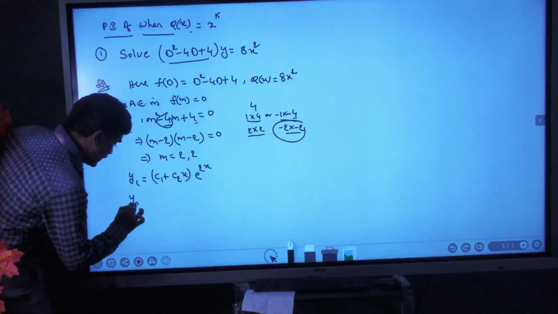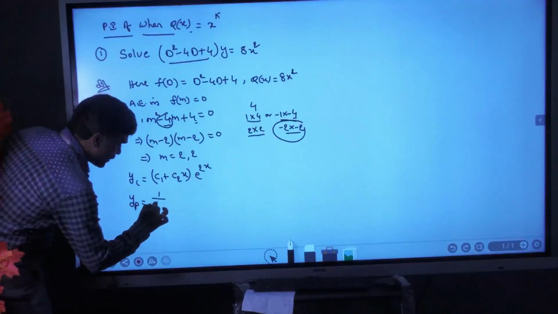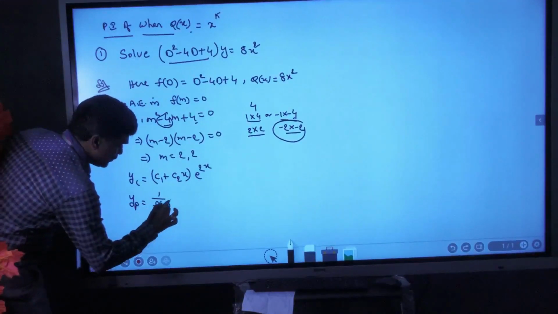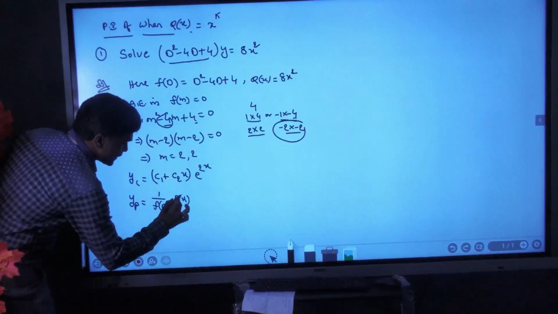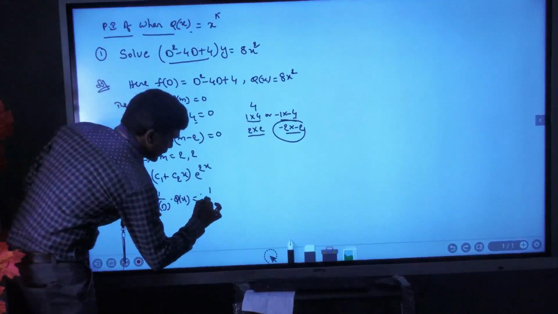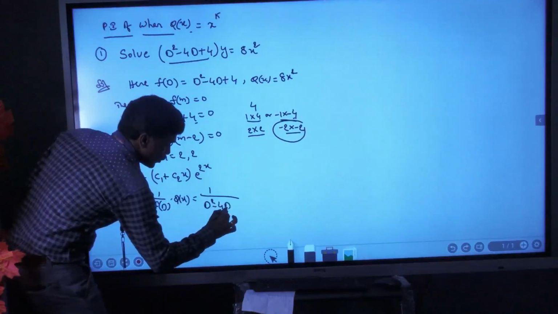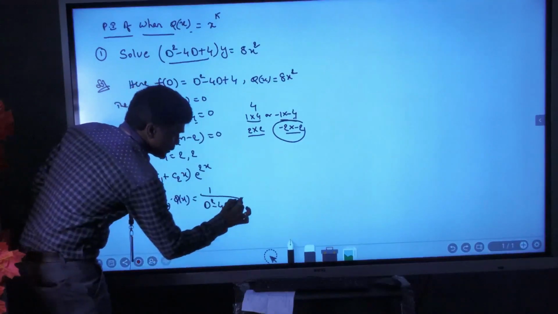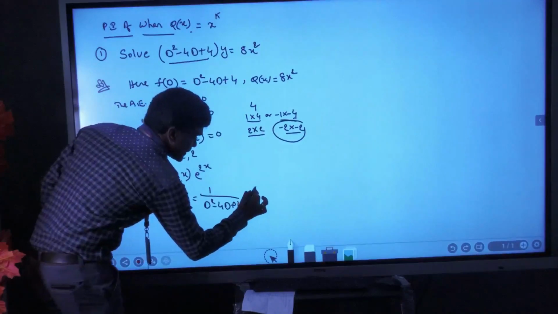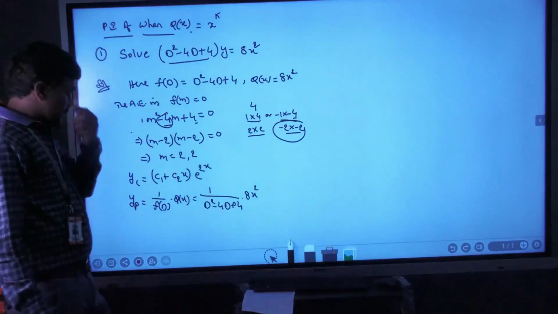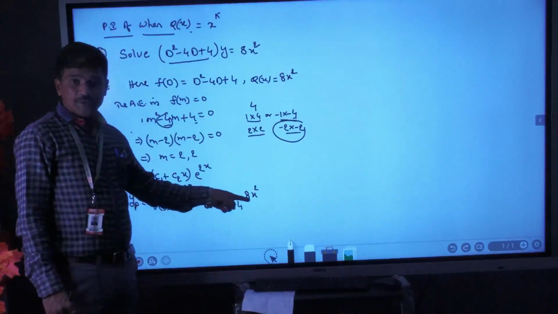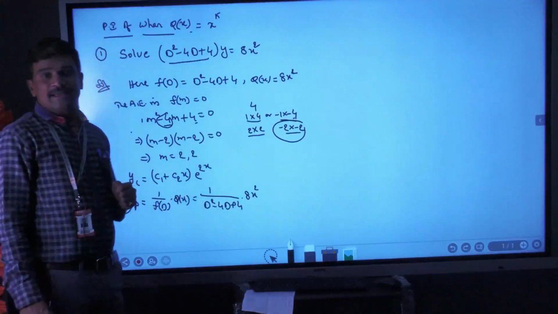Write yp is equal to 1 by f of D into Q of x. Here 1 by f of D, which is D square minus 4D plus 4, into Q of x, and Q of x is 8x square.